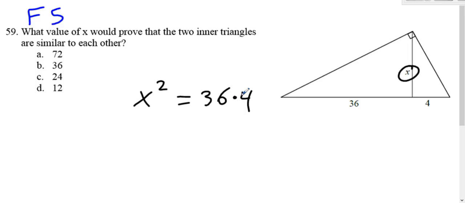You could make this a longer problem and go through and figure out the parts that correspond to each other and all of that, or just remember that this is the geometric mean, x squared equals 36 times 4. 36 times 4 is 144, so that means that x equals the square root, which is 12.